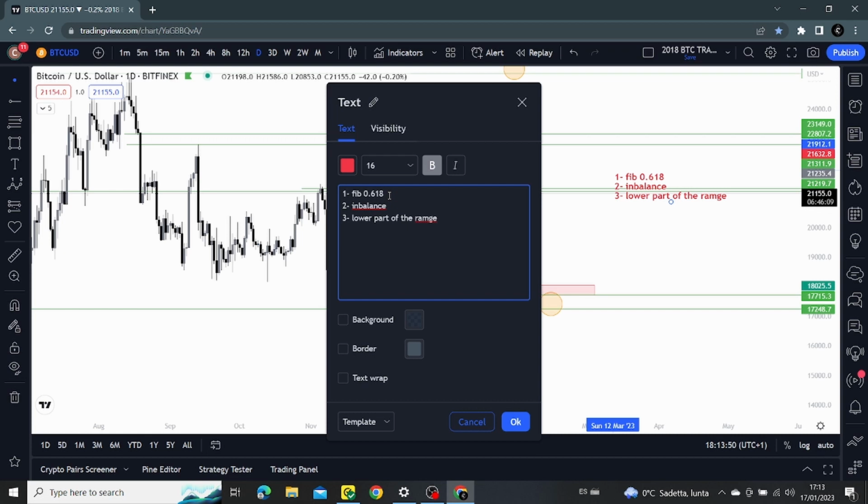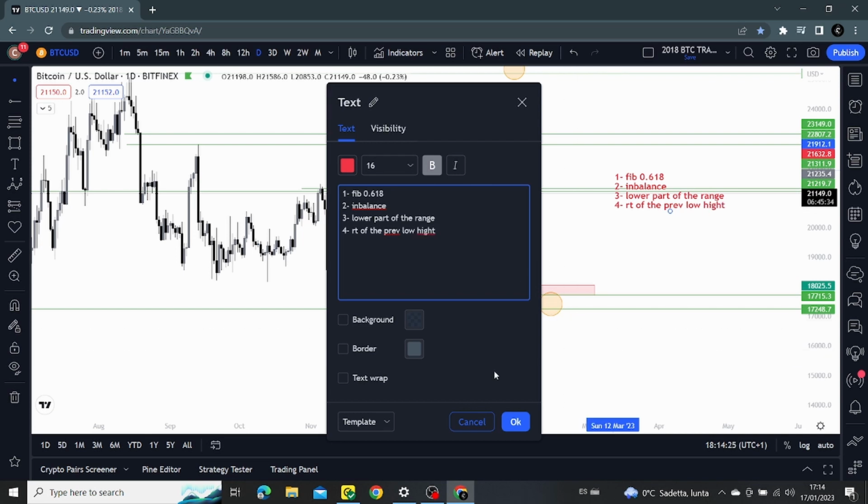Okay, fourth point of interest, we have a retest of the previous lower high, okay.